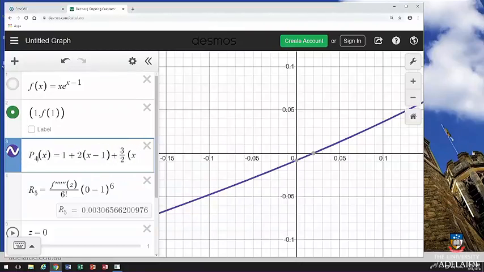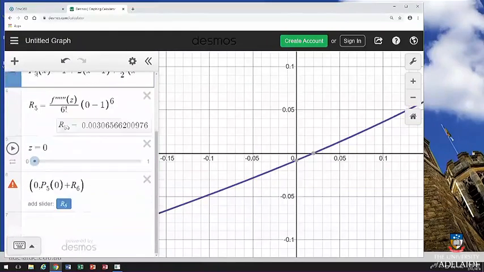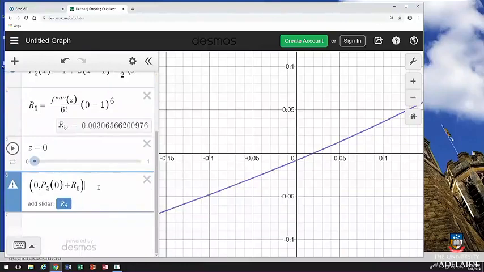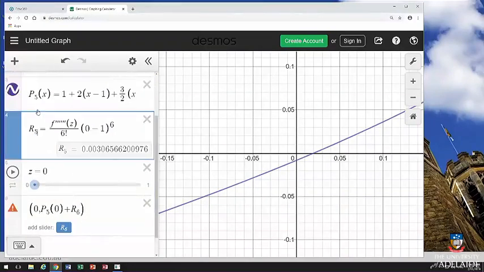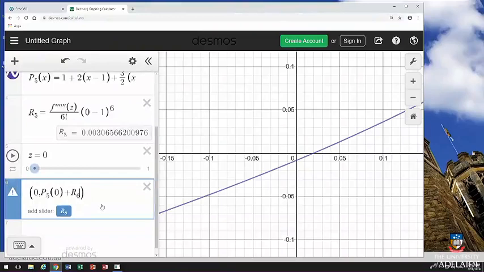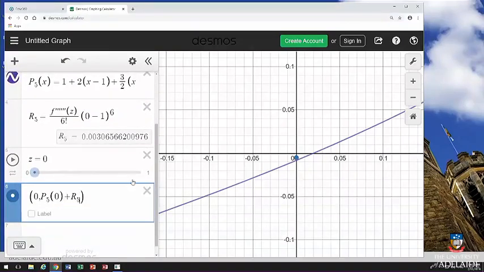This is P5 now. So now the real function is between here and here, and that's much more precise. Right, that's good. So we've actually got it to within like about one decimal place now.